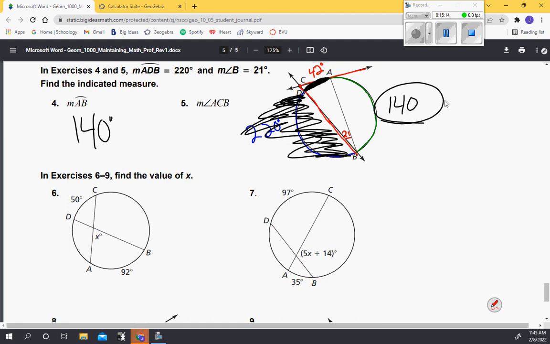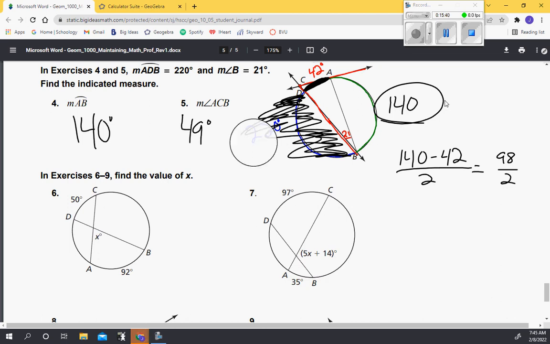So we have to take 140, subtract 42, and divide by 2. That will equal 98 divided by 2, which is 49 degrees. So the measure of angle ACB is 49 degrees.